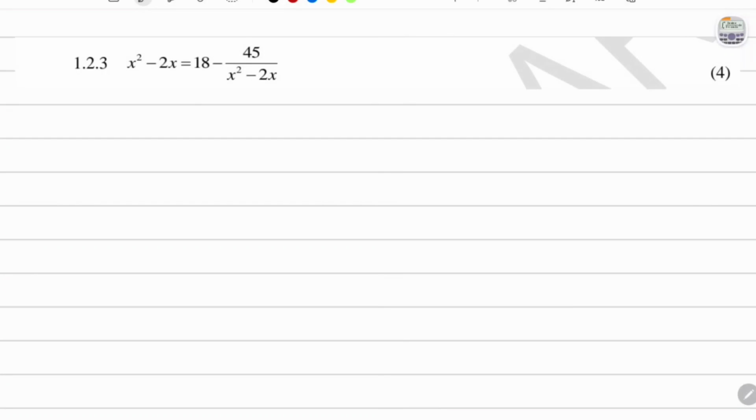I'm just trying to show you what would have happened if you didn't use the k method. You would have said x squared minus 2x, then minus 18 is equal to negative 45 over x squared minus 2x.